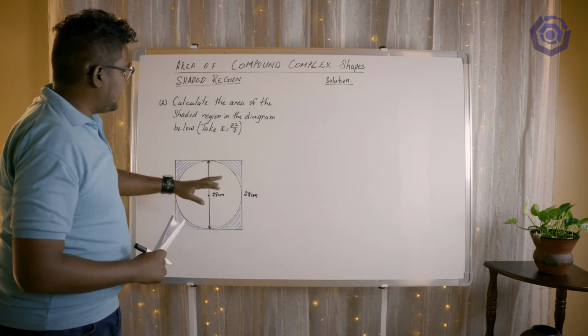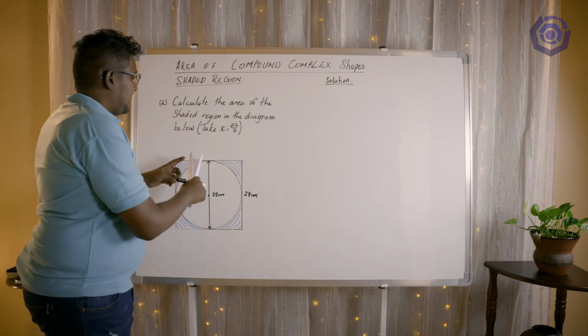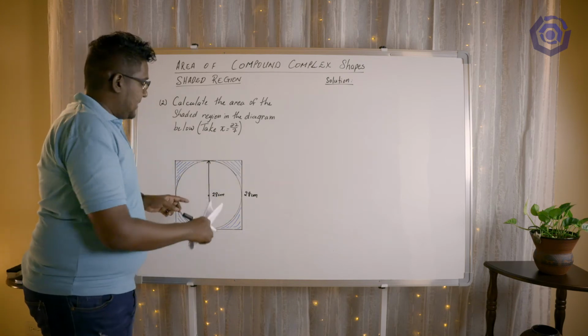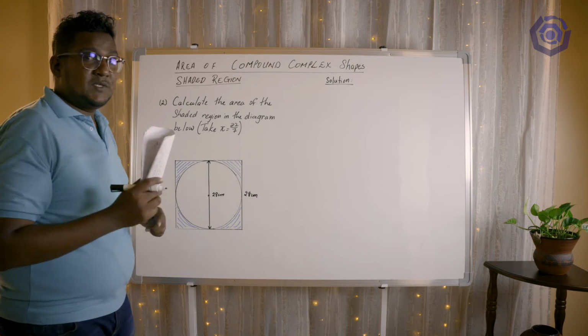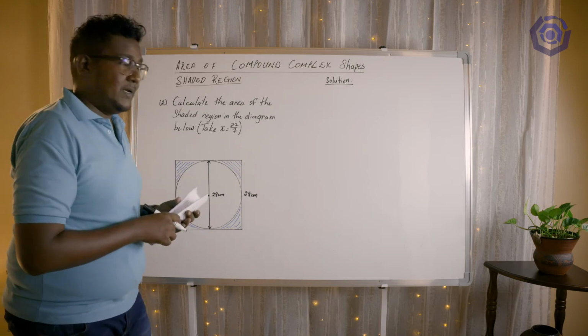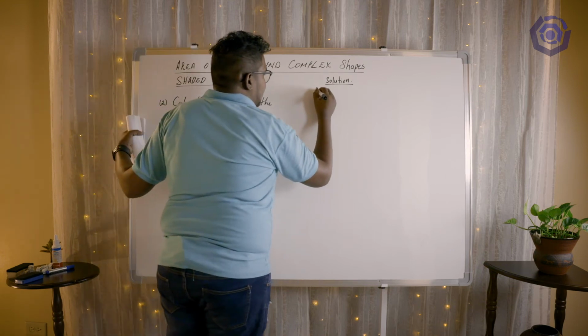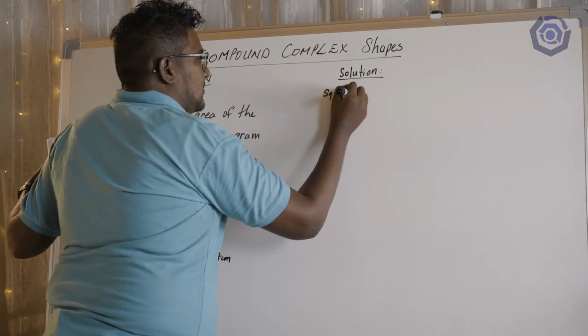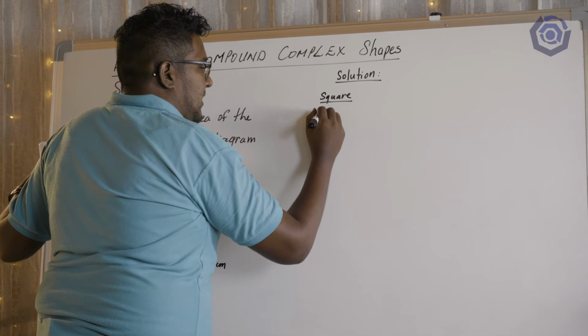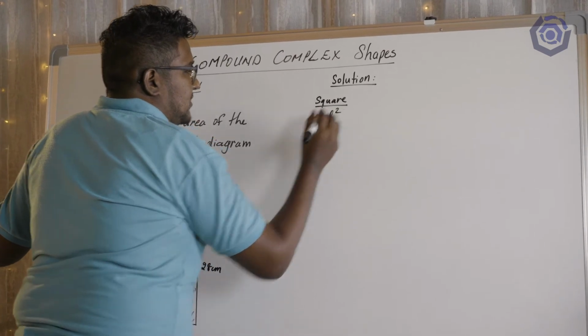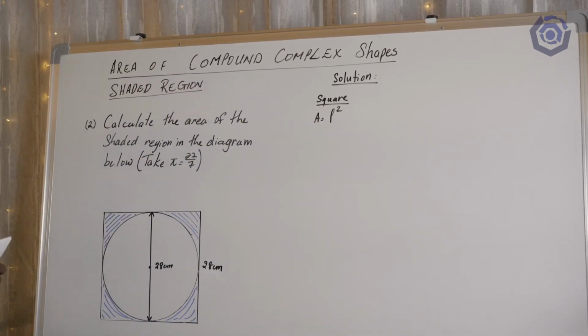So to find the area of this shaded region, we have to first find the area of our big shape, then find the area of our little shape, and then we subtract them from each other. So let's work this out. The big shape is a square, so let's start with the square. We can remember that area is equal to L squared, where L is the length of one side.